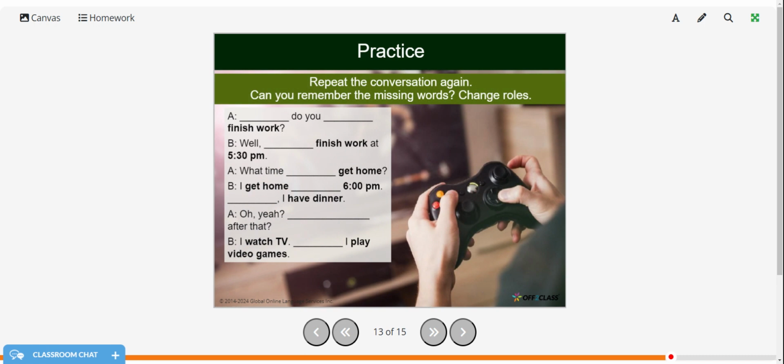All right, now try to go ahead and fill in the missing words and we'll practice that conversation again. So this was, what time do you finish? Oh, we already had finish. Do you usually finish work?